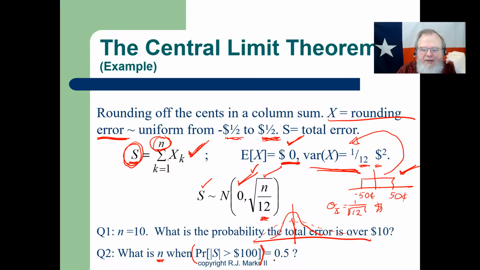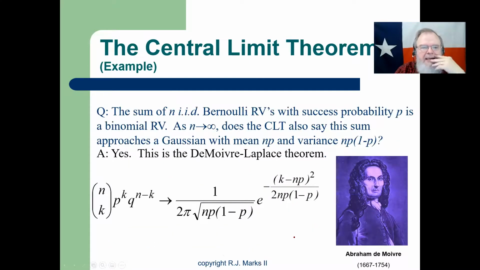Well, this leads us to the central limit theorem, and we're going to apply the so-called Laplace-de Moivre theorem. The Laplace-de Moivre theorem is a special case of the central limit theorem. If you remember, this is a binomial random variable.